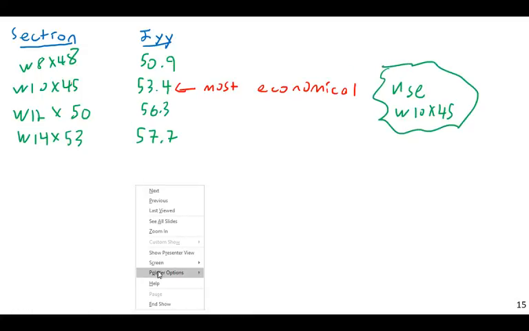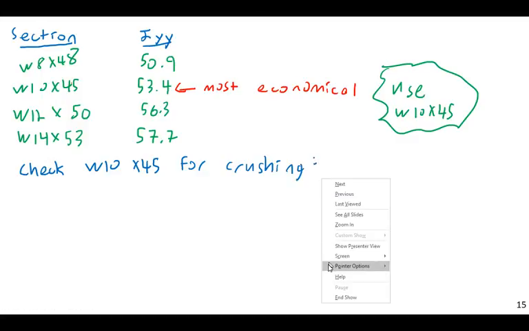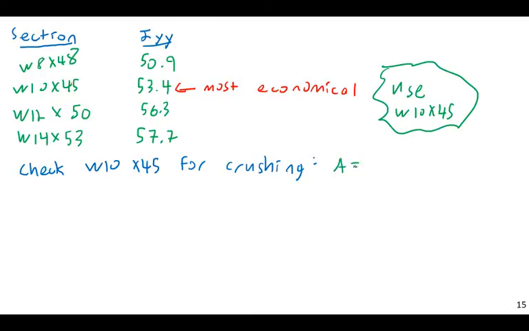Remember, I assumed that buckling controls, but I need to actually be sure. So I'm going to check a W10 by 45 for crushing or yielding. I know from the table that the cross-sectional area of this is 13.3 inches squared.